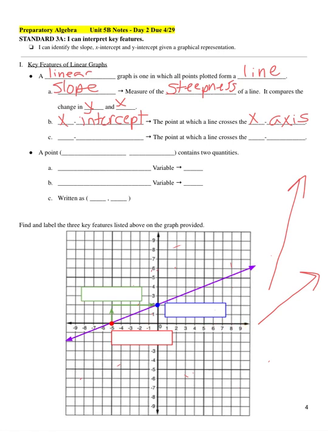So anytime we have a line that crosses this line, that is the x-axis. So if our line was crossing right here, we'll pretend that it crosses the x-axis right here, then the x-intercept would be 8.